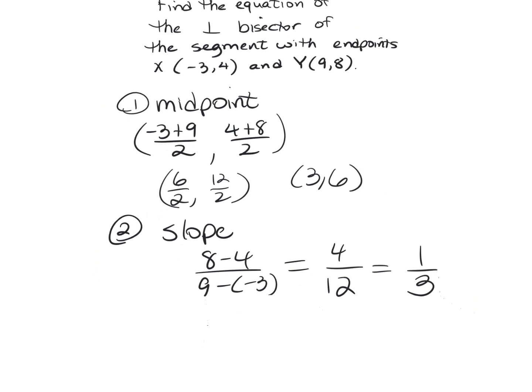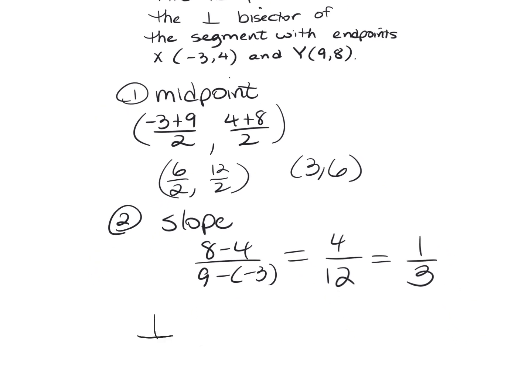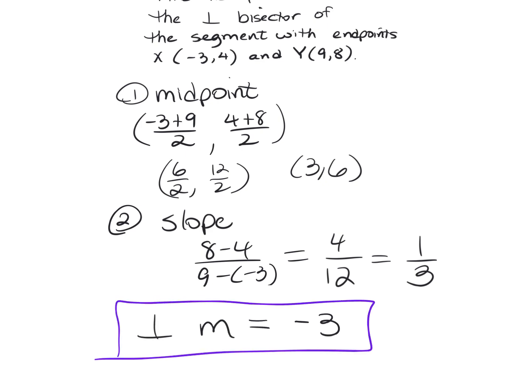So now what I need to do is change this to the perpendicular slope, which is opposite sign. So I'm going to make it negative and then flip it to the reciprocal. I'm now going to take my newly found perpendicular slope along with my calculated midpoint and plug these into y equals mx plus b.